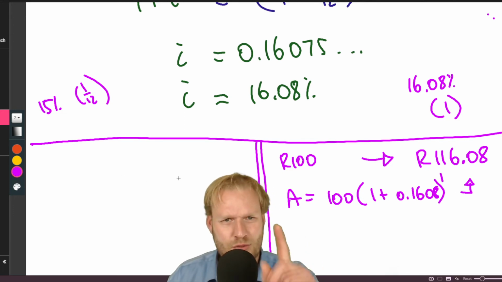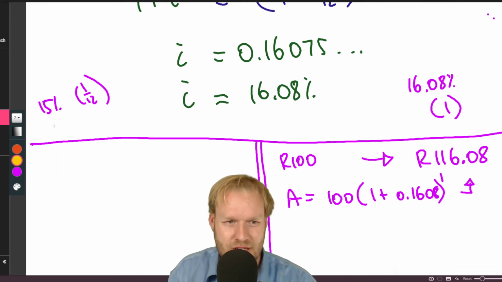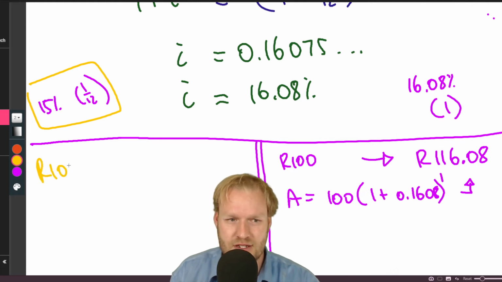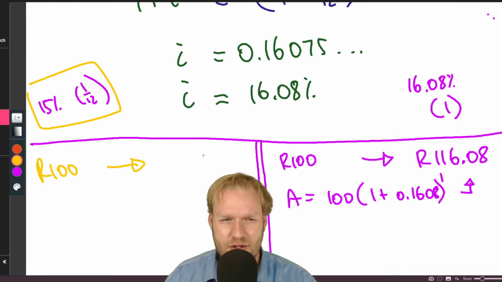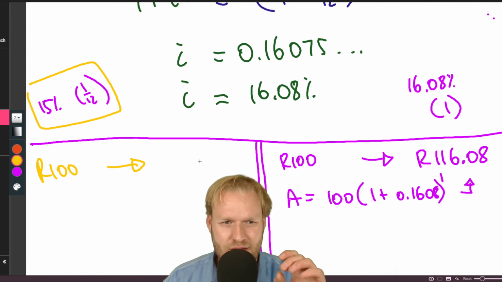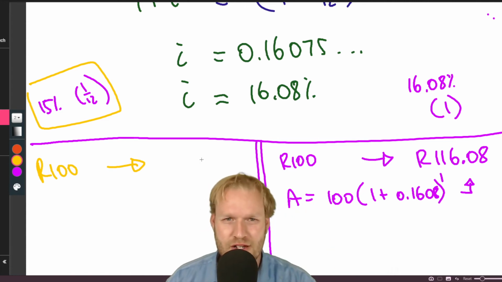Now, what we're saying is that that's going to be the same if we invested it at 15% per annum compounded monthly. So if we invested 100 Rand at 15% per annum compounded monthly, how much money are we going to have at the end of that year? More importantly, can you write down the equation to solve that?